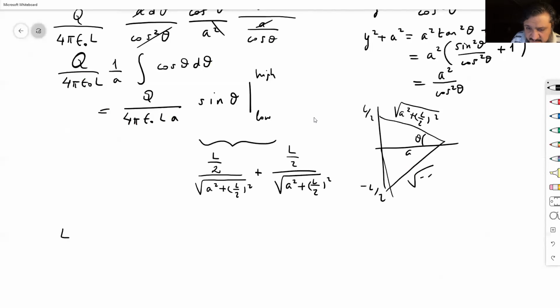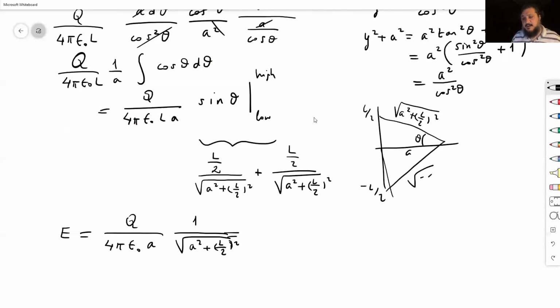So the electric field, which will be to the right, is equal to Q over 4 pi epsilon 0 A times 1 over the square root of A squared plus L over 2 squared. All right, something like that.